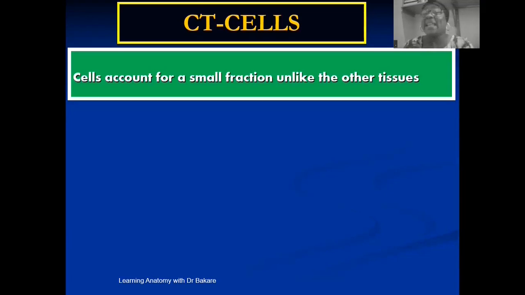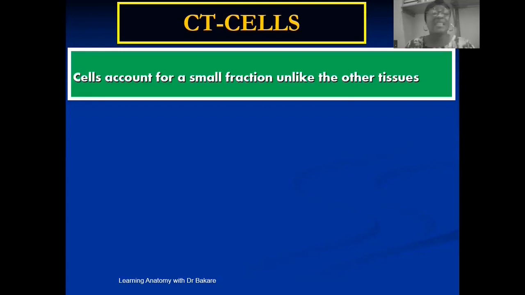And this we try to highlight during the course of this lecture: within the connective tissue, we have the cellular component and also the extracellular matrix. The extracellular matrix is made up of the fibers and also the ground substance. You can see that we have a number of structures coming together to form the connective tissue.